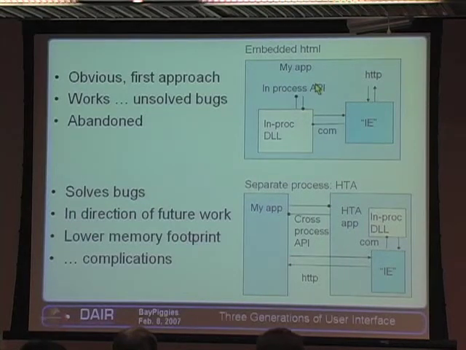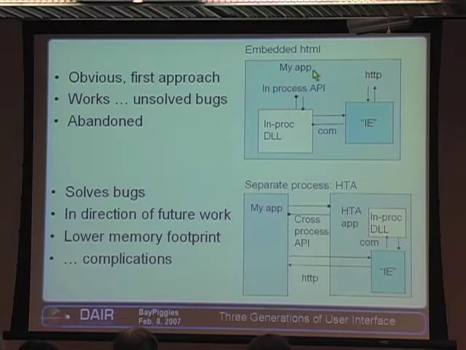But the first way, the obvious way that you think of, is here's my app. I have some sort of in-process DLL which interfaces to what's called a COM object, which has Internet Explorer, it turns out, resident. And so I can talk through this DLL, which talks COM to Internet Explorer.